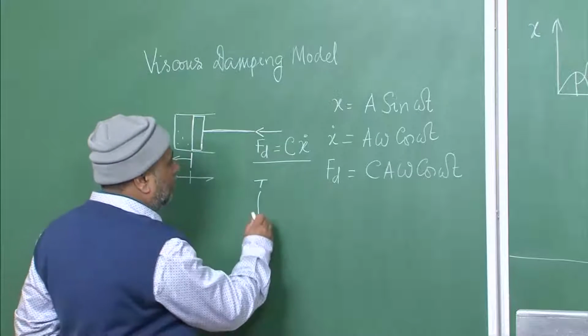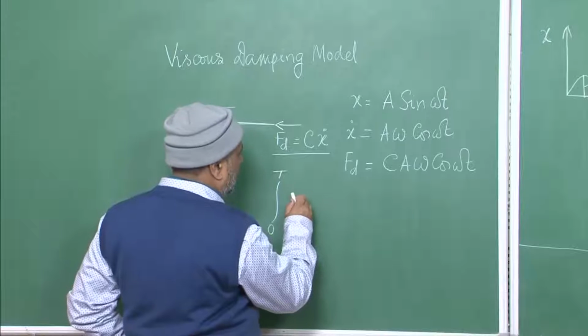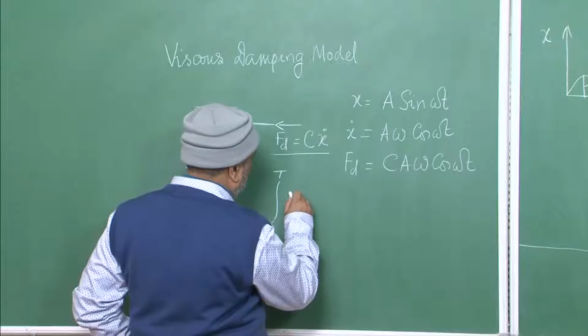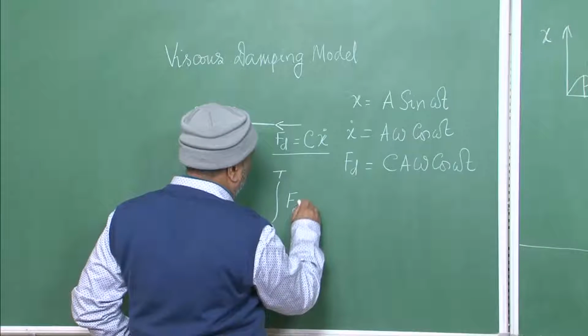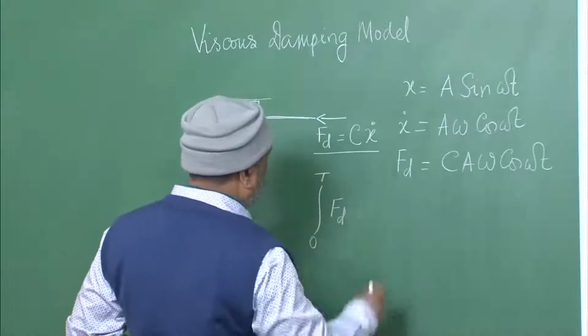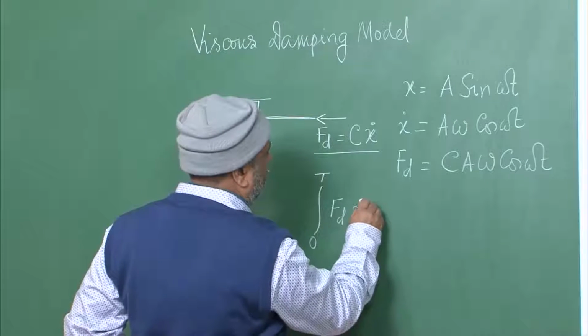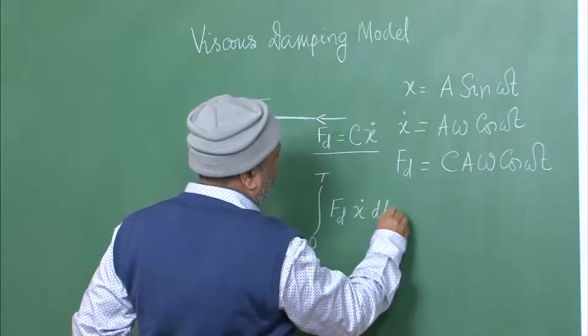The total energy dissipated in the system can be written in terms of F d, the damping force, times x dot dt.